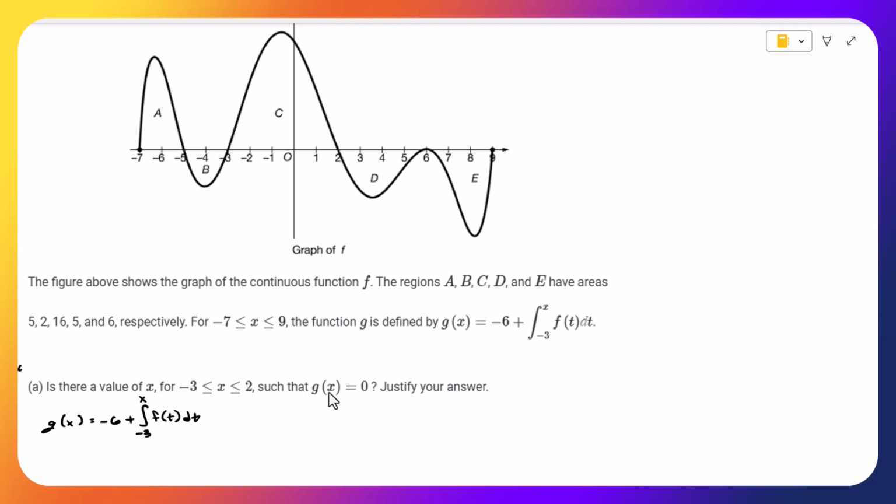Well, what theorem are we going to use here? What theorem guarantees that our original function equals some value? That is our intermediate value theorem. Okay.